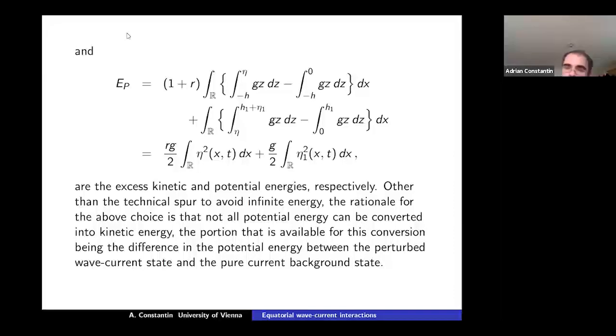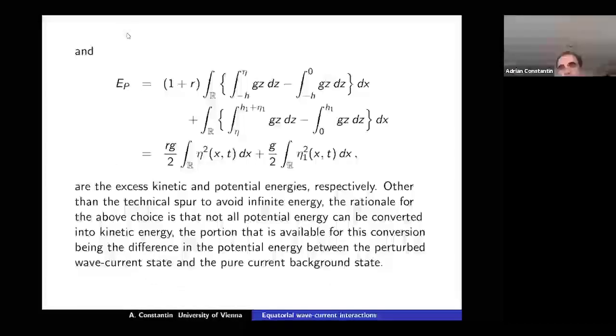So it's only the pure current background state that doesn't permit this transfer. It's just at the level of the waves. And this is another indication that this is how you should define the energy if you want to look for these localized wave perturbations of a pure current background state. So this is the Hamiltonian.